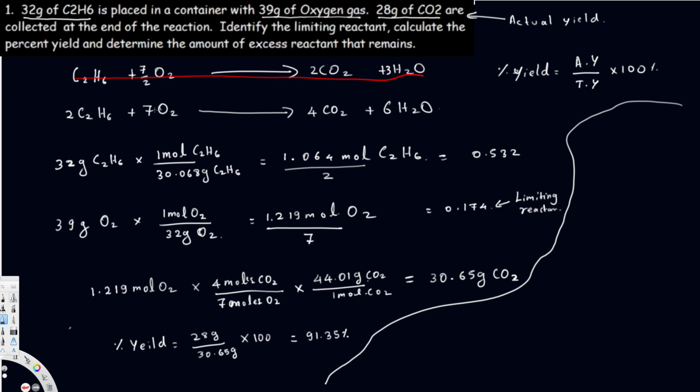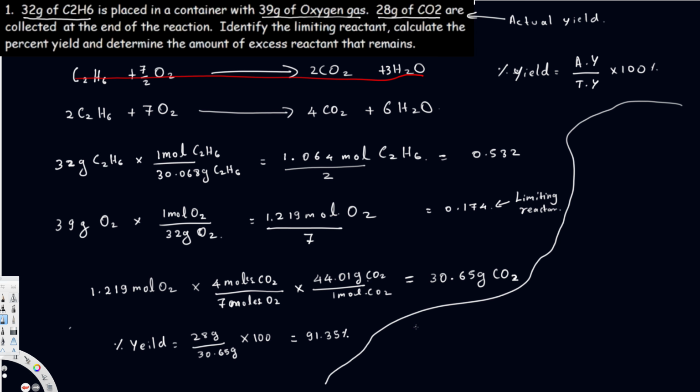If one is limiting, the other one is going to be in excess. So we have to know, to use all of these moles, 1.219 mole of O2, how many moles of C2H6 are required? That's the first thing.